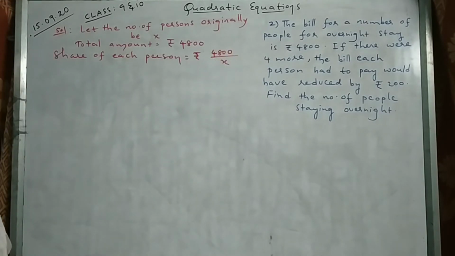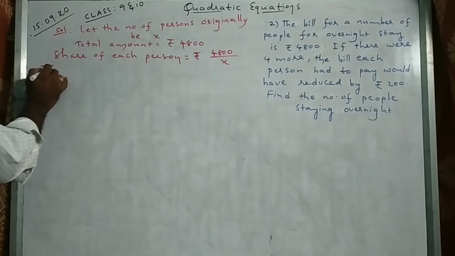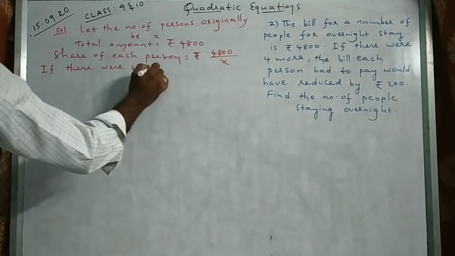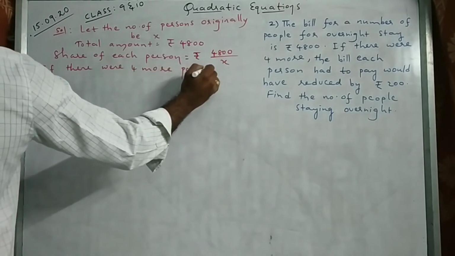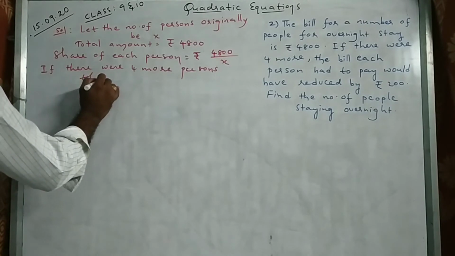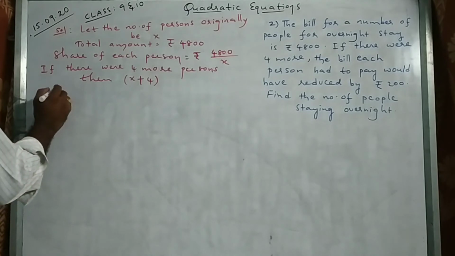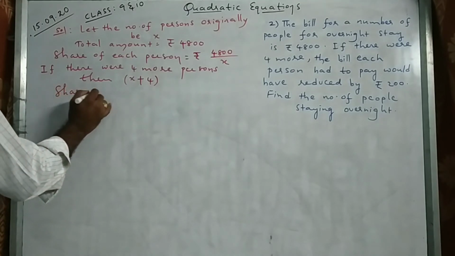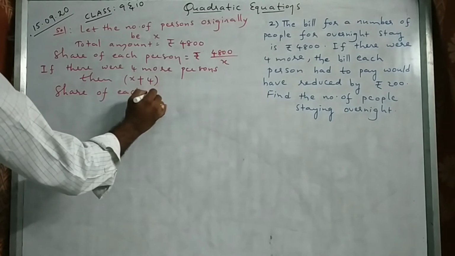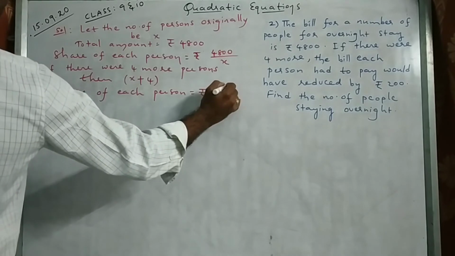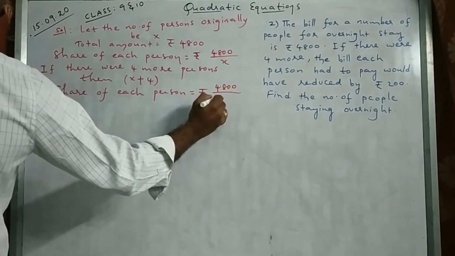Okay. Now persons are increased by 4. If there were 4 more persons, then this will be x plus 4, right? Persons will be x plus 4. Now share of each person equal to 4800. Amount is same, but persons are more.